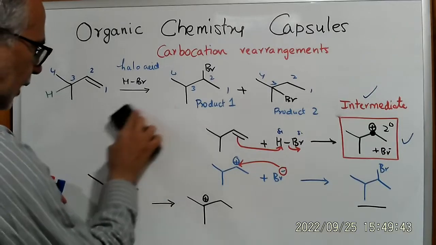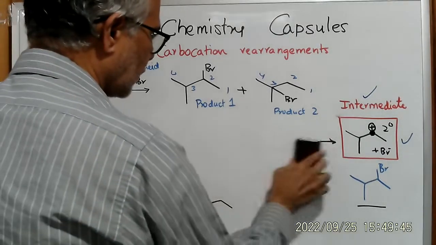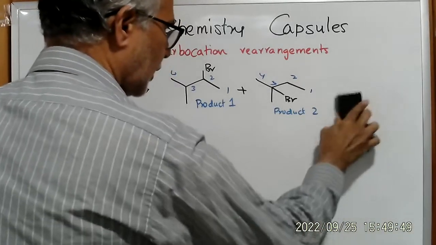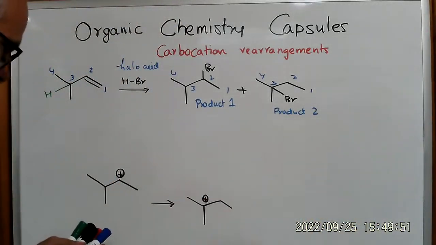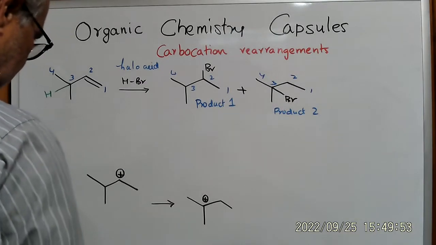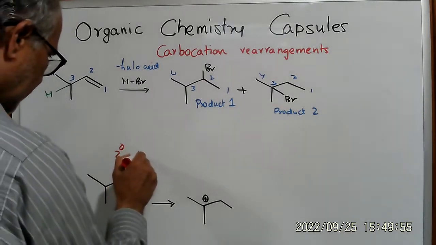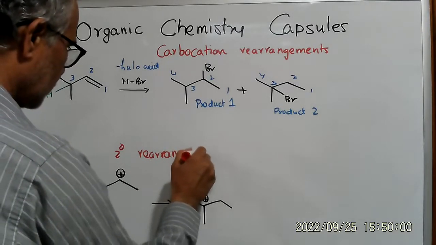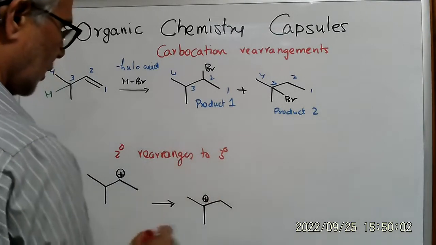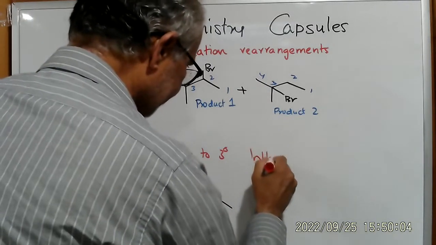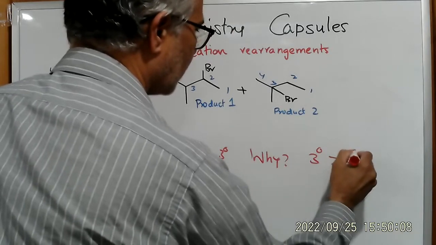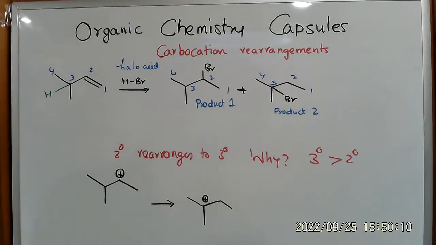What you see is what we call carbocation rearrangement. The initially formed secondary carbocation rearranges to a tertiary carbocation. Why? Because tertiary carbocations are more stable than secondary carbocations.